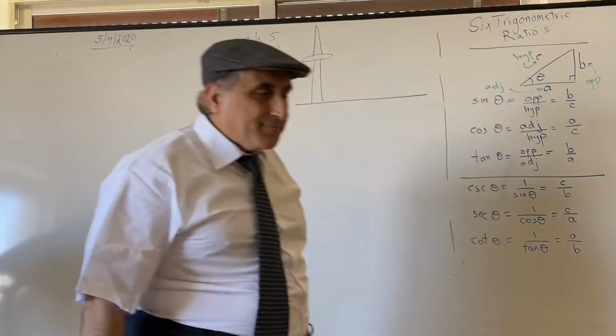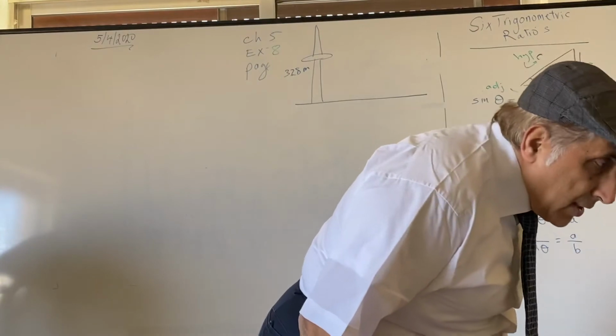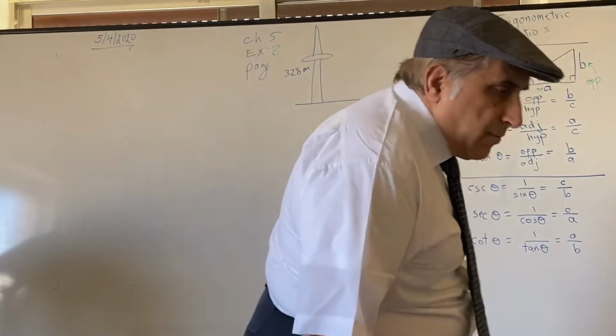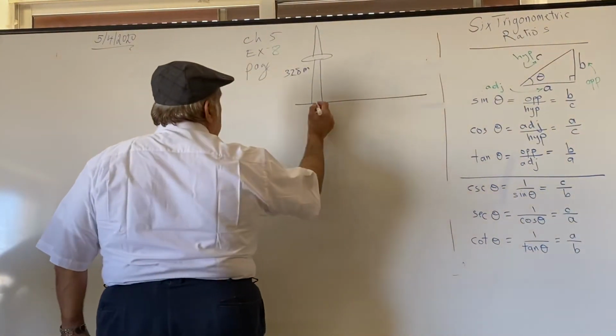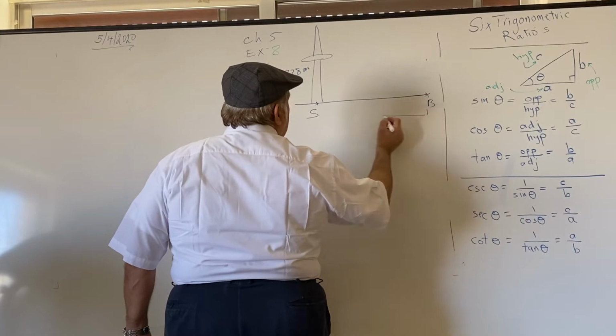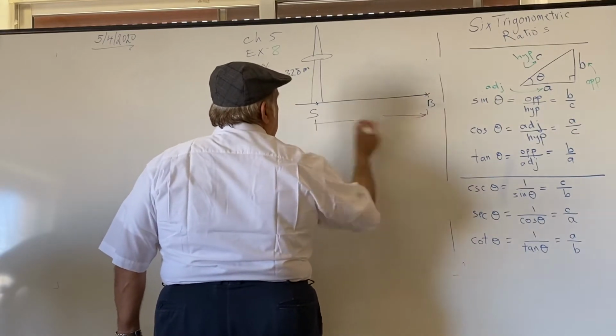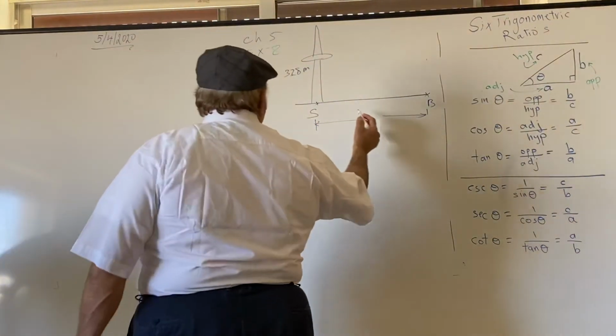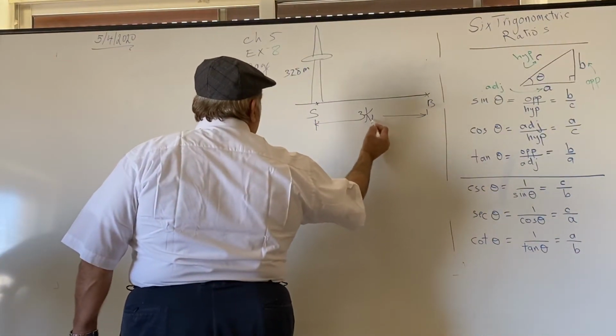And a point B is so far from the point S. How far is it? It says 3 kilometers. 3 kilometers.